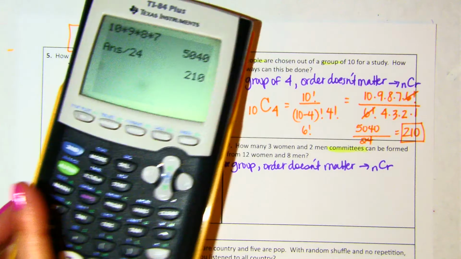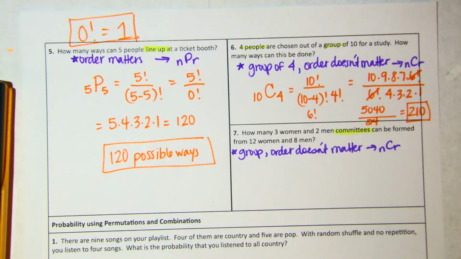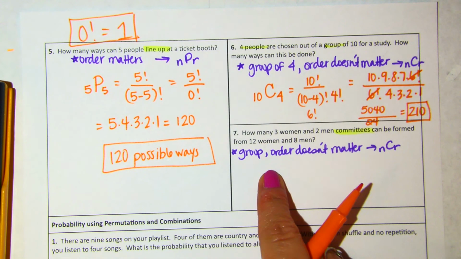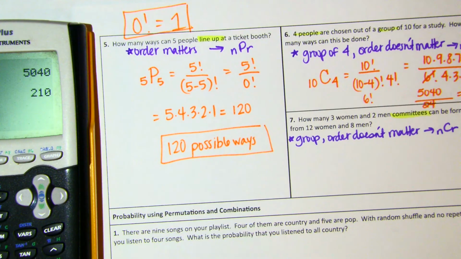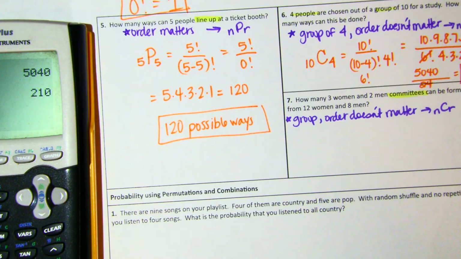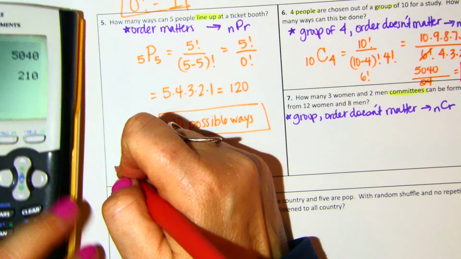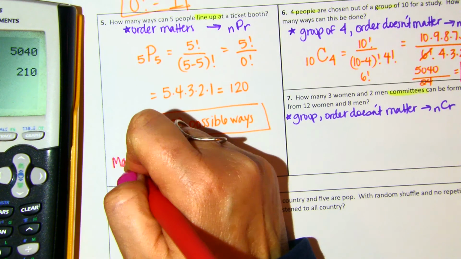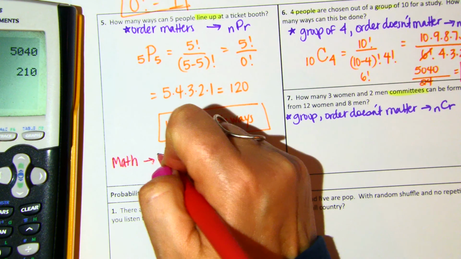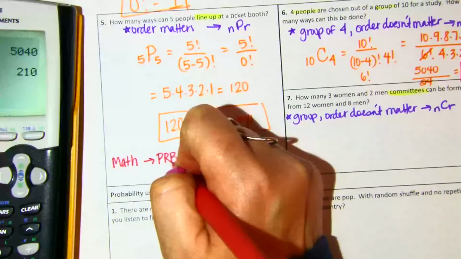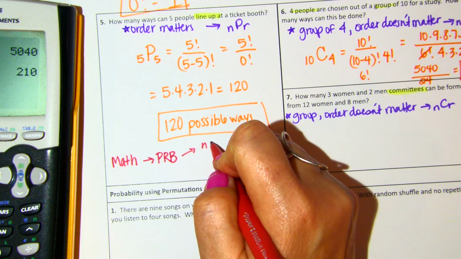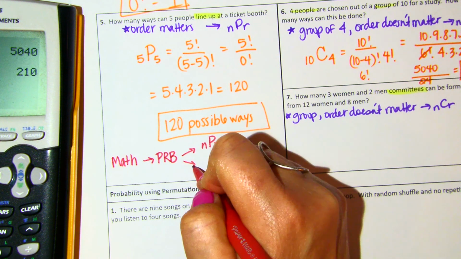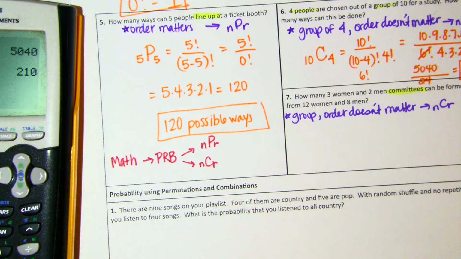Let me show you how to do this on your calculator so we don't have to do all of the factorials for number 7, because it's a little bit annoying. On your calculator, you can use the math button and then go to PRB, or sometimes there's a PRB button on your calculator, and there should be an nPr option or an nCr option.